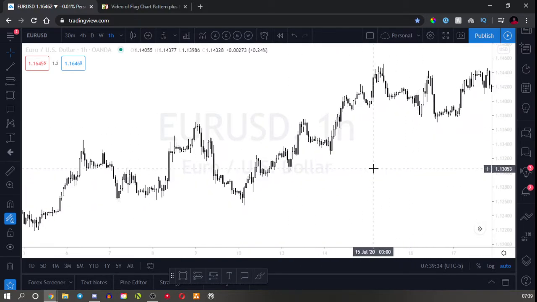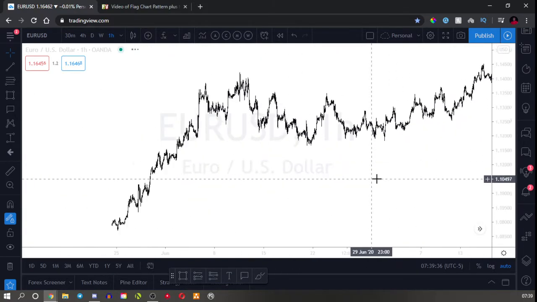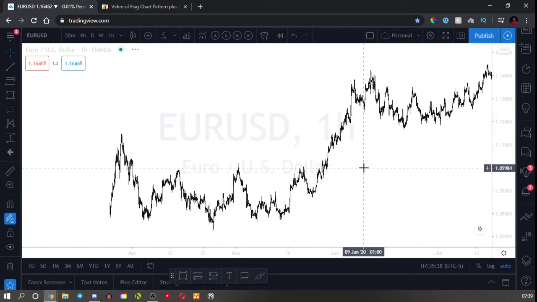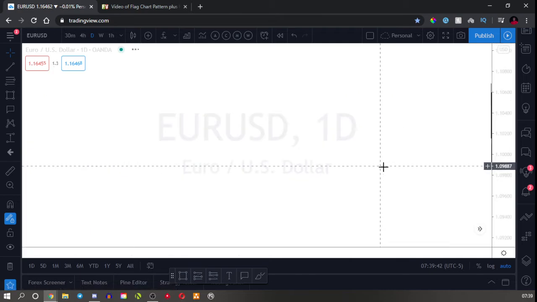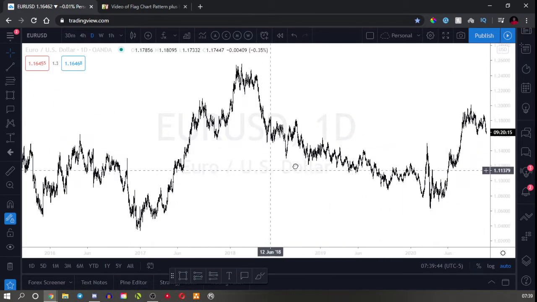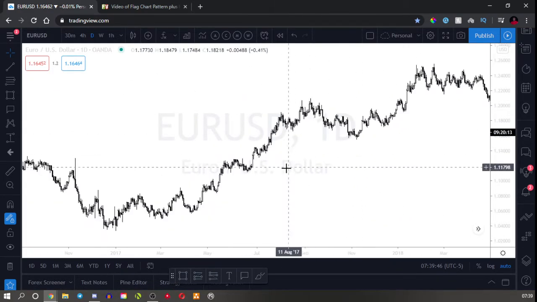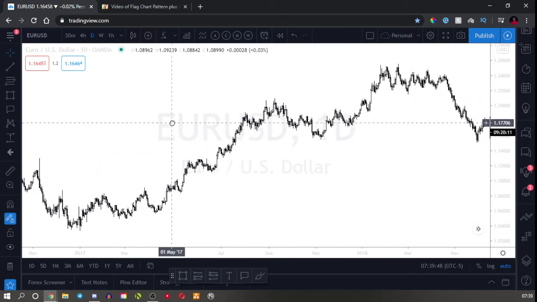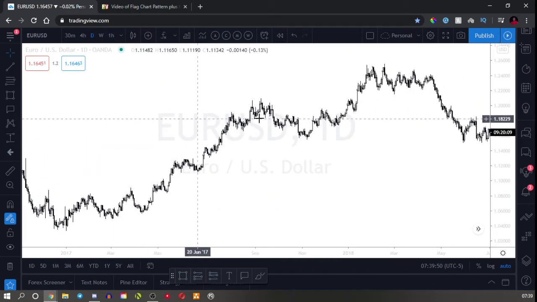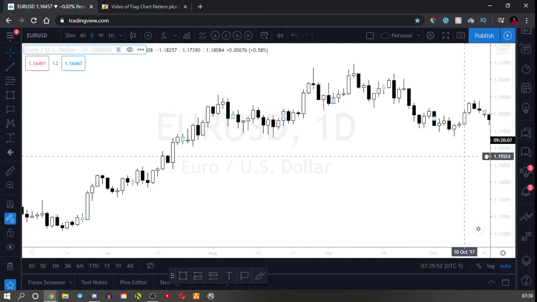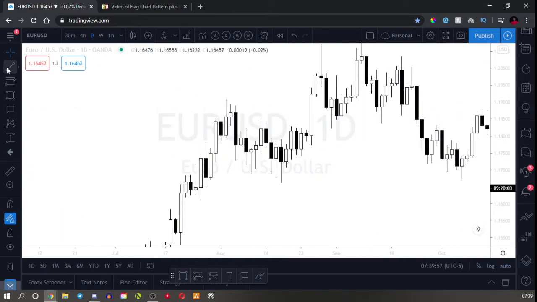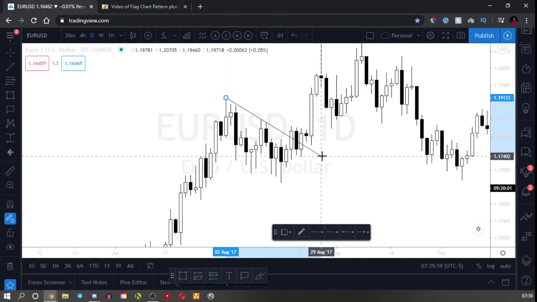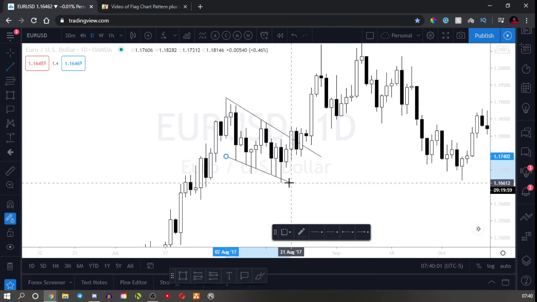One out right here. Now I actually really want it to be clear. Here we go. All right, so I was trying to find the cleanest one. So here is our bullish flag.